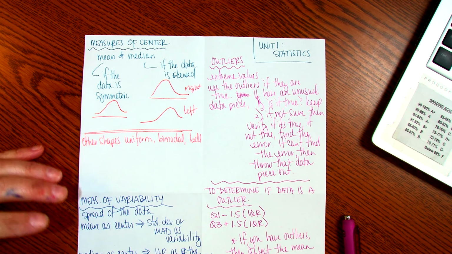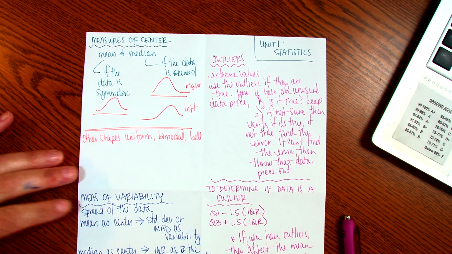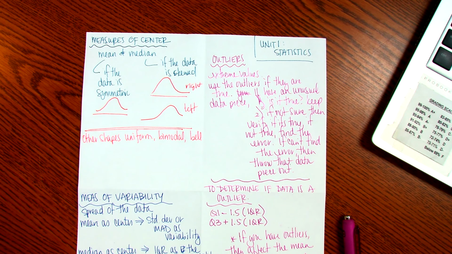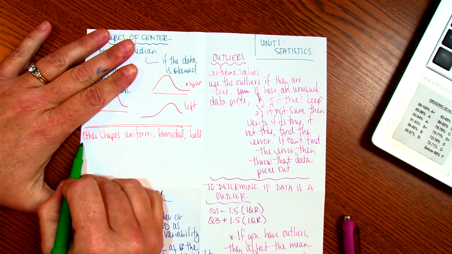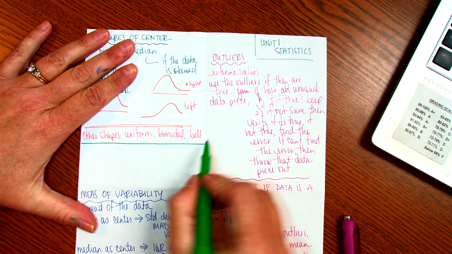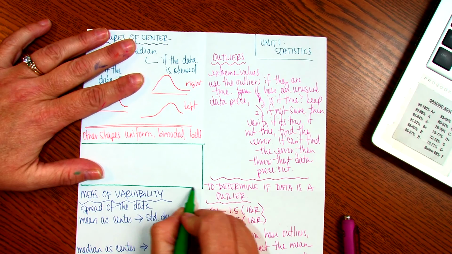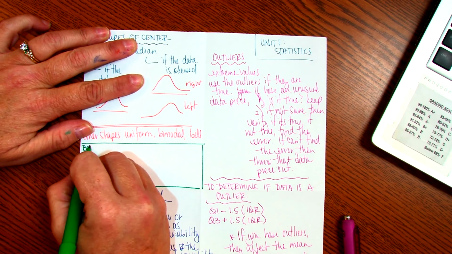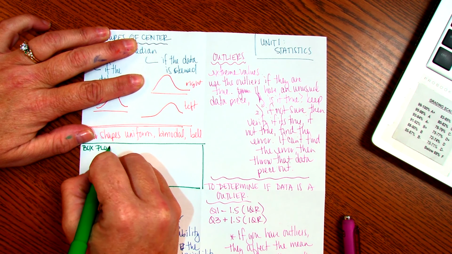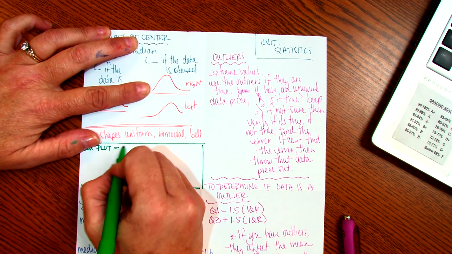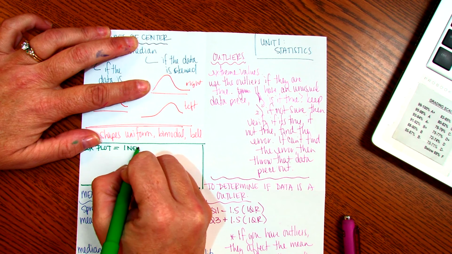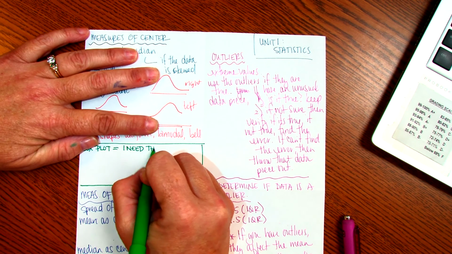Oh, some other things we did was a box plot. I better squeeze that in here somewhere. So, I don't know if I really remember how to do a box plot, so I'm going to put a little extra space here. If I'm creating a box plot, I need a 5-number summary.